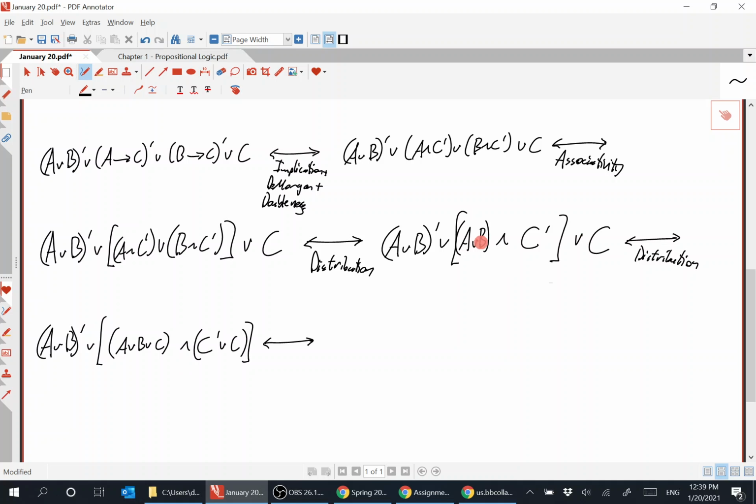So this is C or A or B. So A or B or C, I can make that one disjunction of three things. And C or C not. That's got to be distinct from this and here. So these disjunctions need to be kept separate from this conjunction. Okay, C or C not. C not or C. What's that? This one's called complement.